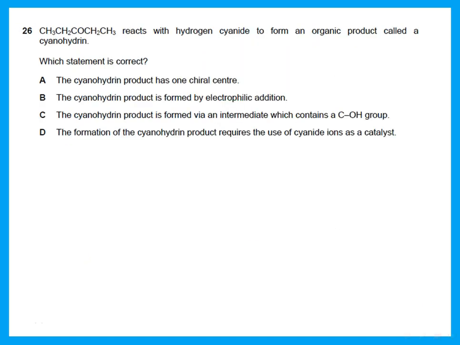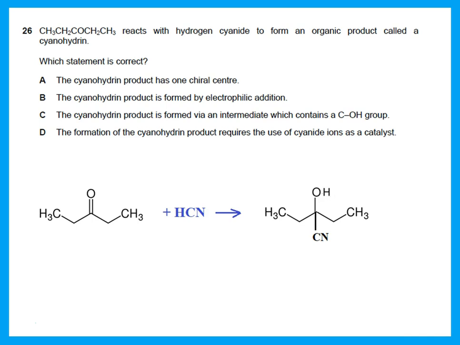This compound reacts with hydrogen cyanide to form an organic product called a cyanohydrin. Which statement is correct? Okay, this compound that we have is actually a ketone, and the ketone, when it reacts with HCN, the C double bond O opens up, and we put a CN on the carbon and a hydrogen on the oxygen.